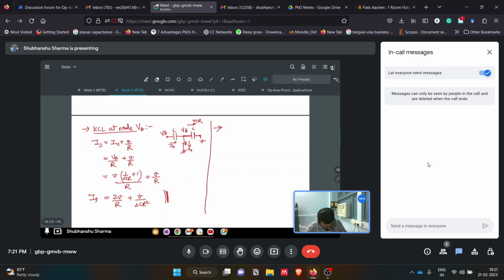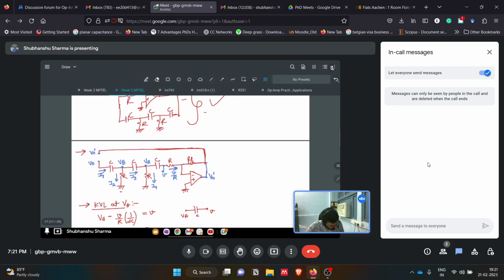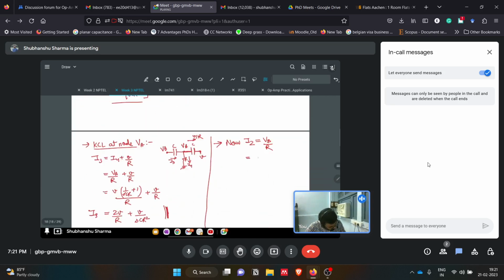So now I2. What is I2? I2 is VB by R. I2 is this one, VB by R, simple. So we can write VB as what? VA plus I3 by SC, simply using KVL at this line.